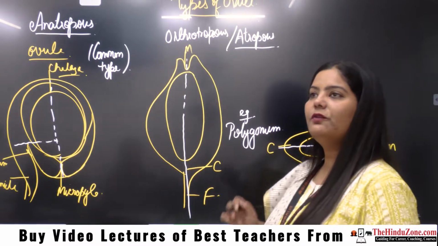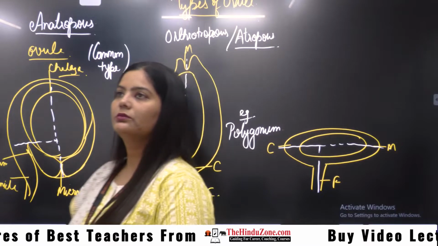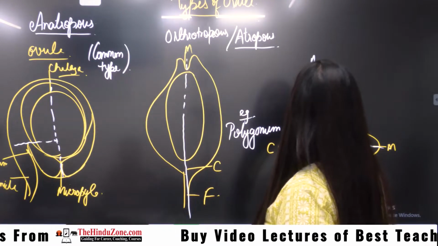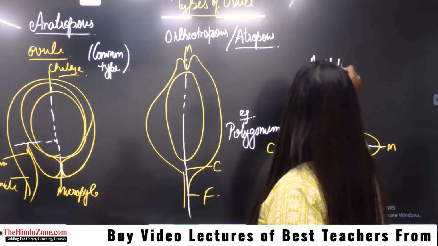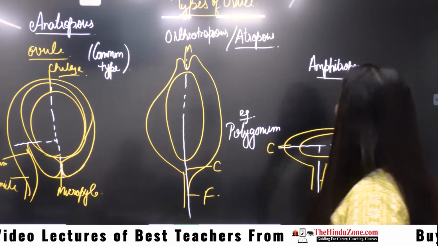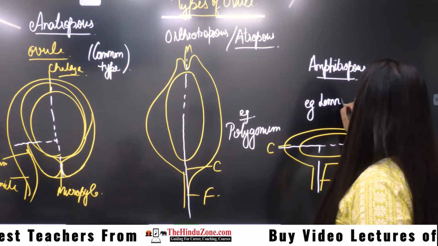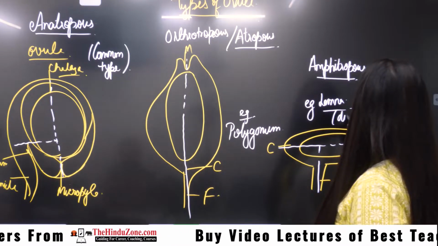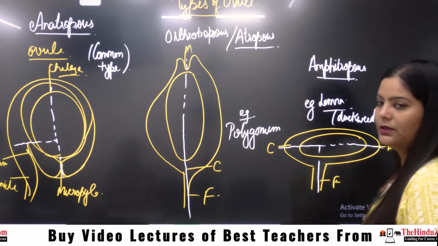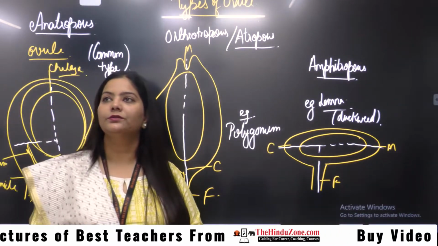Anyone who can tell the name of this ovule? Amphitropous ovule. Okay, this is called amphitropous. Example, Lemna. What is Lemna? Duckweed. Clear to everyone?